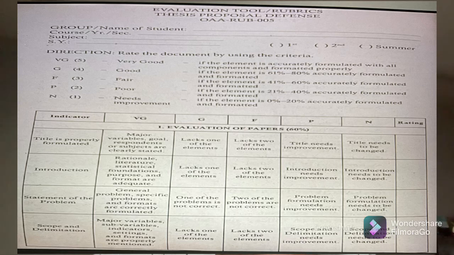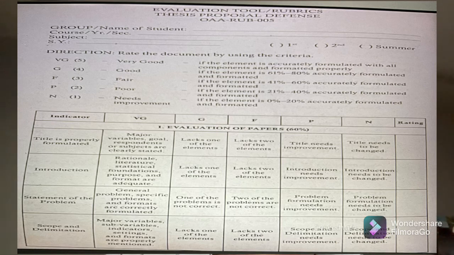You can name these as variables or criteria. The first criterion is: the title is properly formulated. This is an example of an analytical rubric. The introduction is the statement of the problem, the scope, and the limitation.